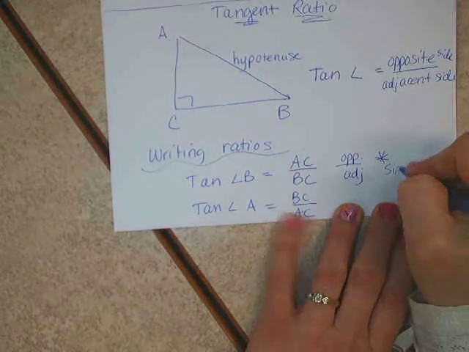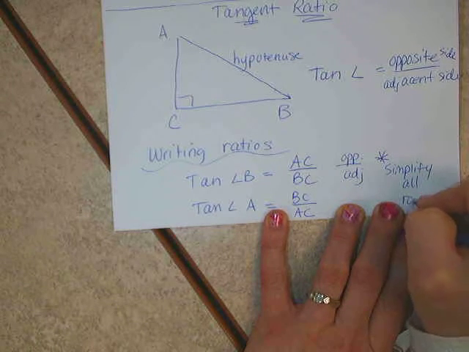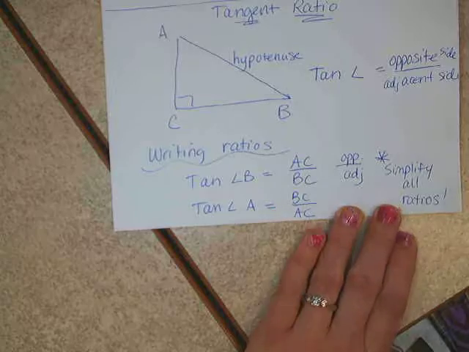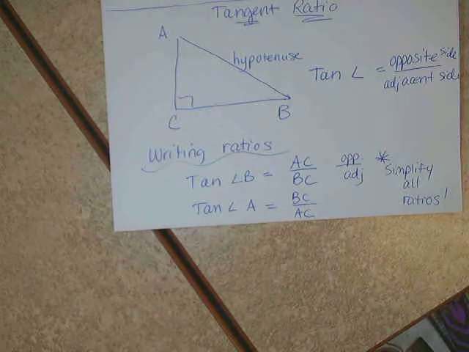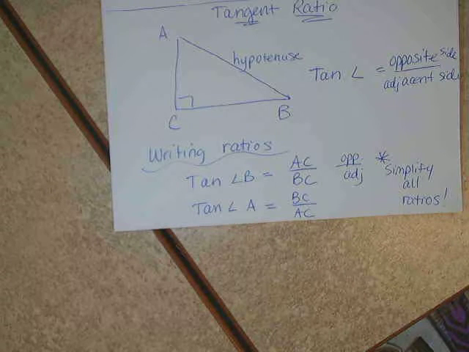And we'll just put a note in here, because these are just kind of in general. Simplify all ratios. Okay? So, if I ended up with 4/8, for instance, I would not leave it 4/8. I'd change it to 1/2.